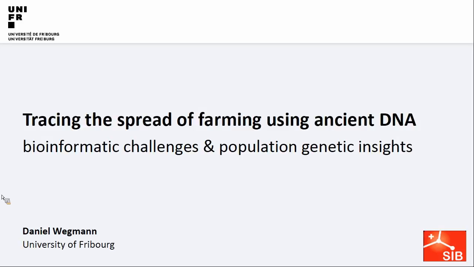Today we have the pleasure to host Daniel Wegman from the Department of Biology at the University of Fribourg and also a member of the SIB. Daniel got his PhD in computational population genetics in 2009 with Laurent Escoffier, who is also a member of the SIB, at the Institute of Ecology and Evolution at the University of Bern.